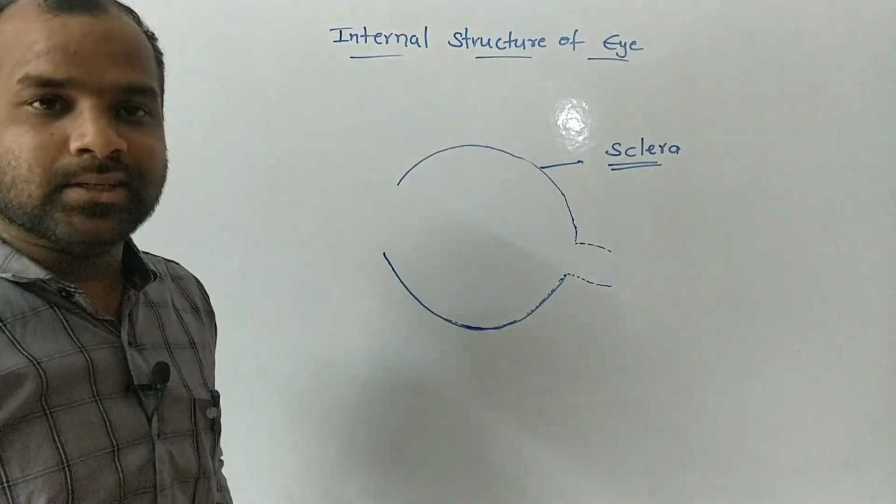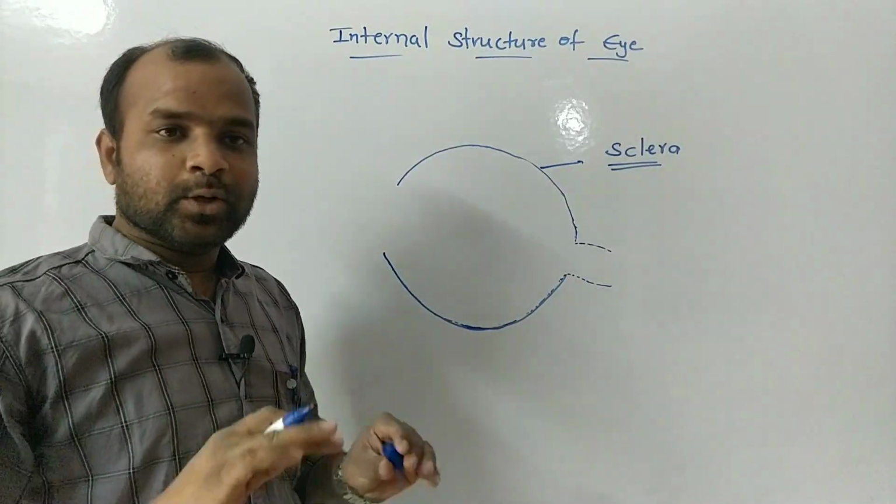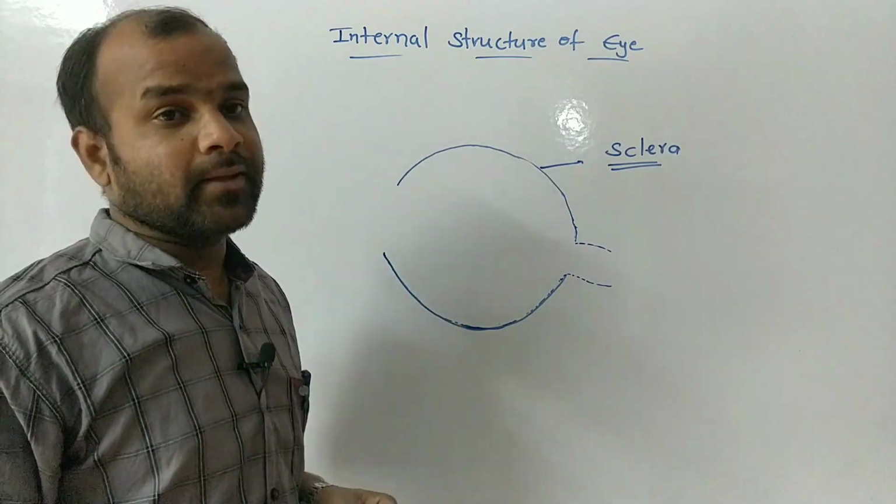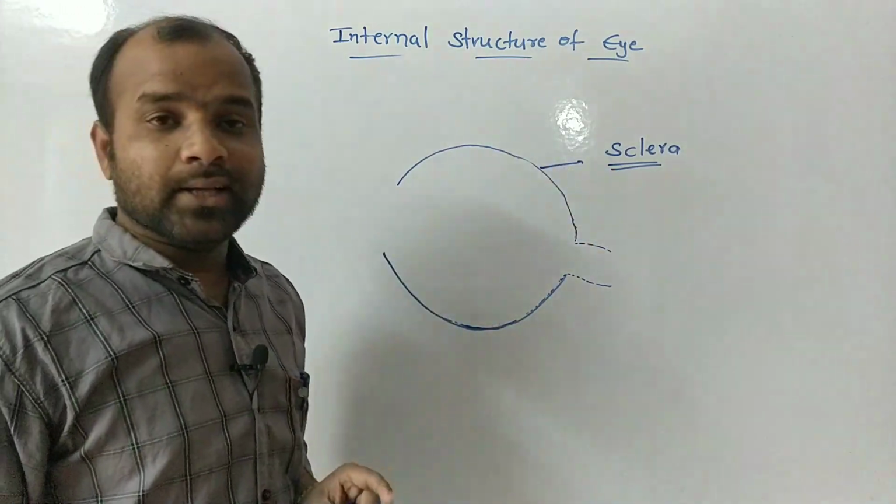It is a non-elastic, tough, whitish layer present on the outer side of the eye. So the outer layer is called the sclera.